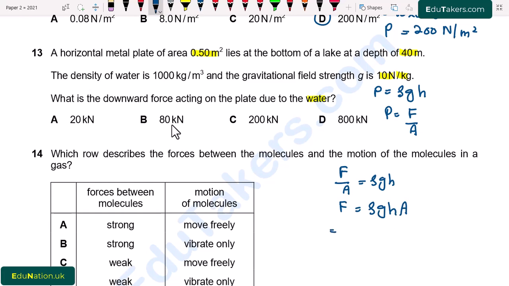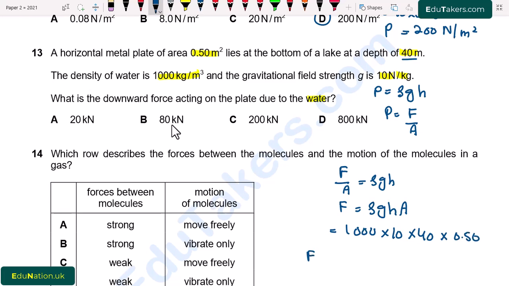The value of density is 1000 kg per meter cube. It is given here. Multiply by G, 10, multiply by depth, which is given 40 meter, and area 0.50.